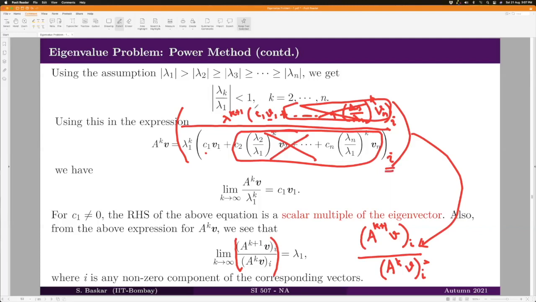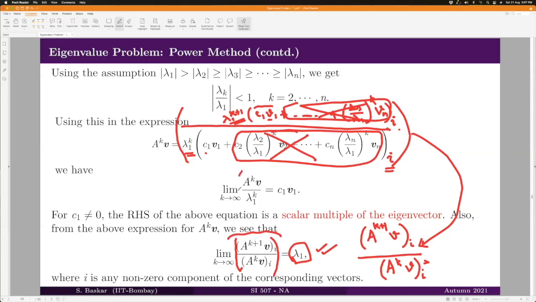Similarly in the numerator also, c1 v1 ith component, they both will get cancelled. And you have lambda 1 to the power of k in the denominator and lambda 1 to the power of k+1 in the numerator, and that will contribute lambda 1. So you have this, and that clearly shows that you have another sequence, which is a sequence of real numbers.